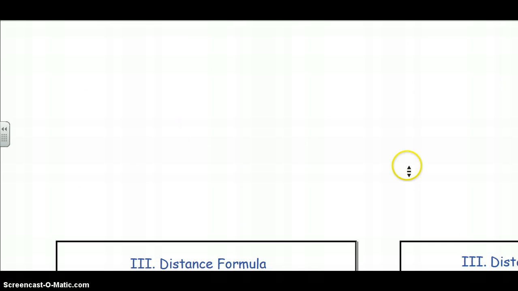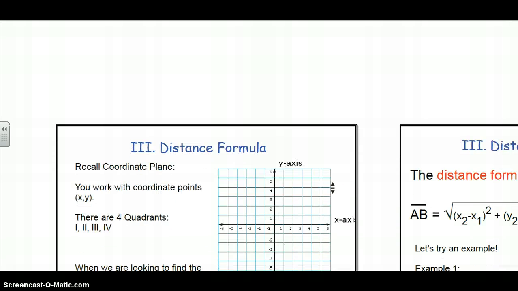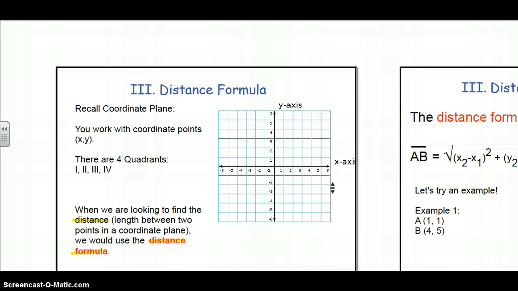Okay, so the next formula that you need to know is the distance formula. So remember the coordinate plane. You work with coordinate points x and y, here on the x-axis and the y-axis. There are 4 quadrants. This is number 1, this is number 2, this is number 3, and this is number 4.